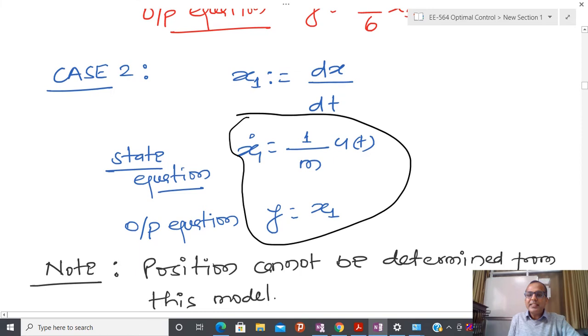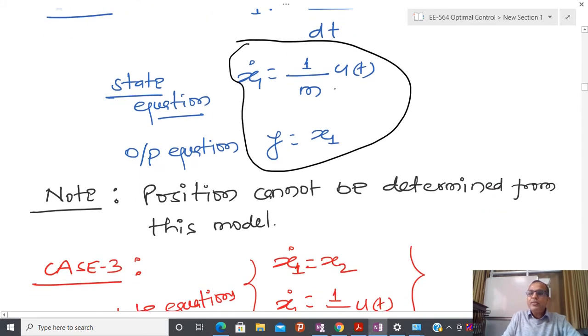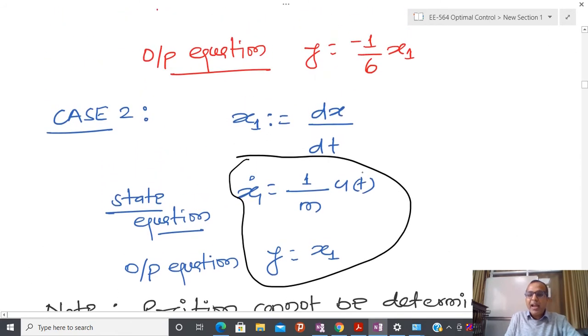But here you can see that from this equation I cannot determine the position. Why? x1 is velocity, and in order to know the position x, you have to do integration. Obviously if you do not know the initial value of x, then an integration constant comes into the picture.